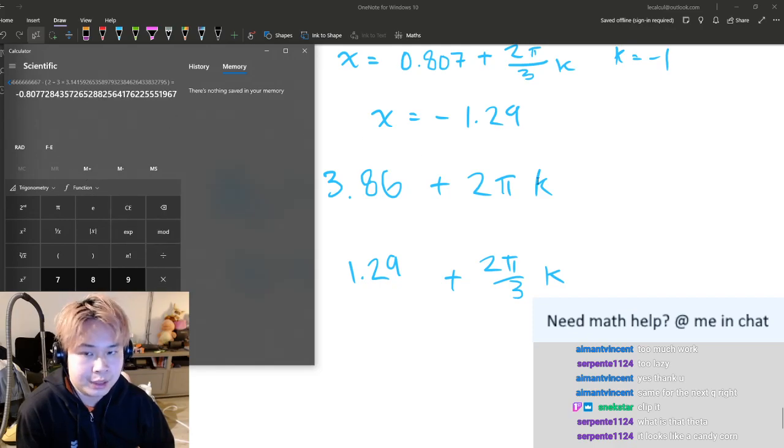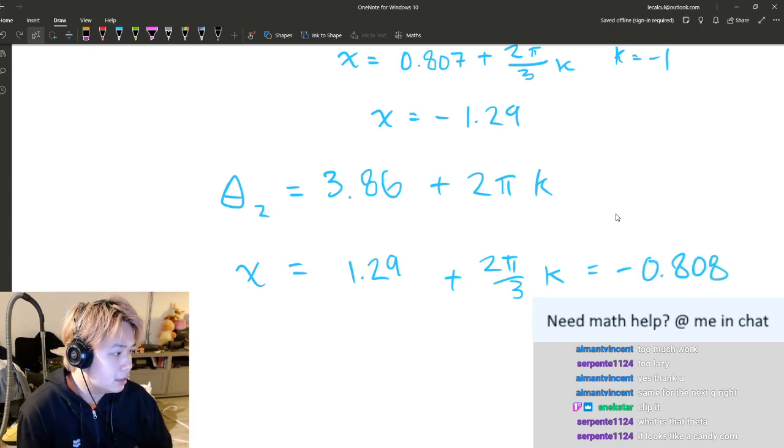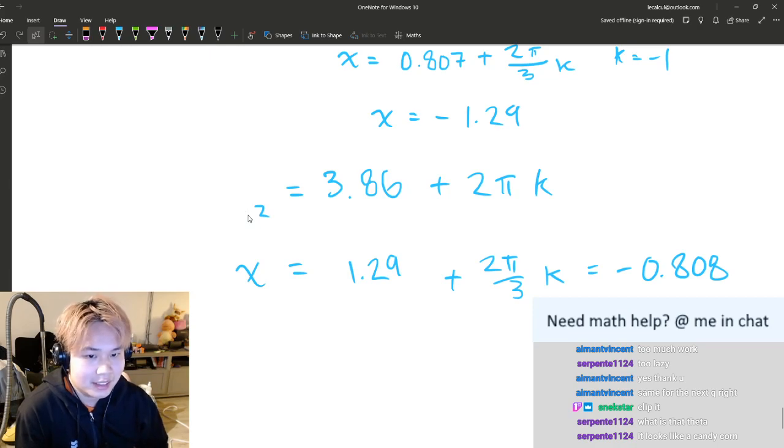So negative 0.808. Yeah, okay. I don't know why it became pointy.